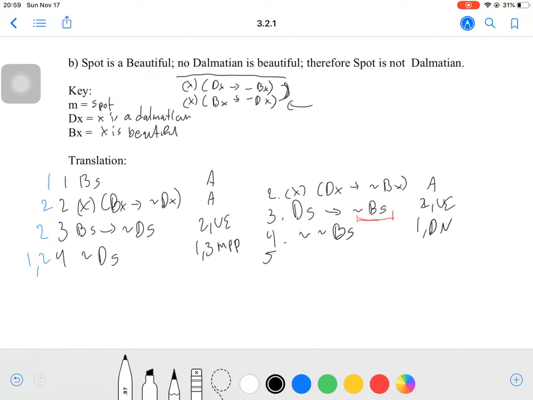And then in line 5, we would be able to say not Ds, in this case from lines 3, 4, MTT. Then that would still be a 2, that would be a 2, that'd be a 1, and then it's a 1 and 2. So one of these is slightly shorter and slightly faster, but both of them would work. Just don't forget that double negation if you do it this way.